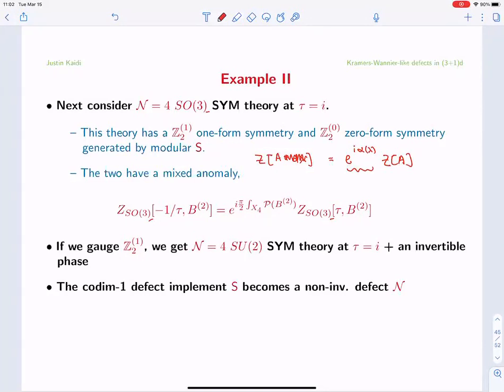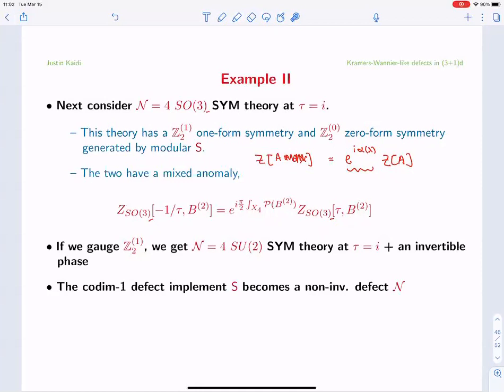It's related to the fact that if a theory can absorb an invertible phase, then that theory must have some certain anomaly. This is discussed in some papers by Poshin et al. I need to find the exact reference, but I can do that after if you're interested. Okay, thank you.